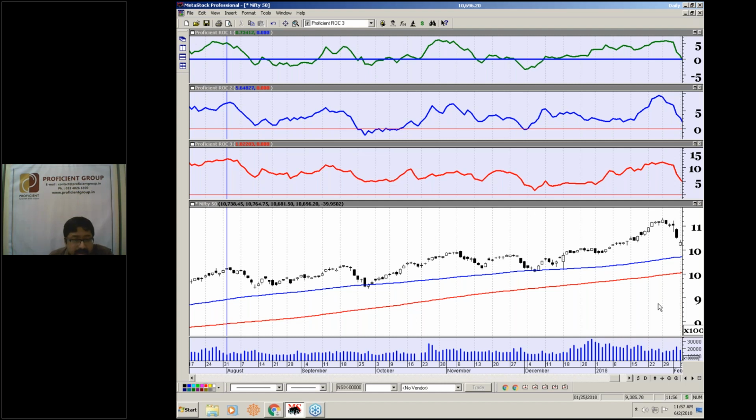And within this uptrend, a general idea, as I have many a times conveyed, is that whenever prices show some sort of weakness, like here, when prices are showing some pullback here, because the longer-term ROC is in the positive territory and the short-term ROCs have crossed below the zero line, these are opportunities to go long.